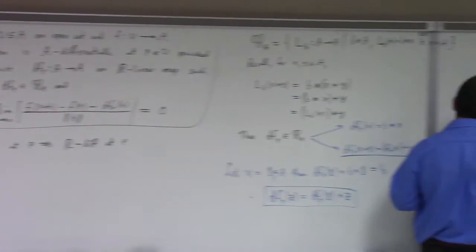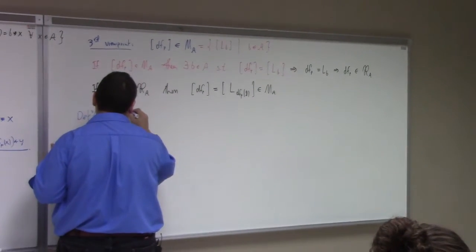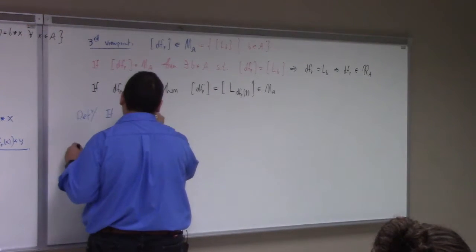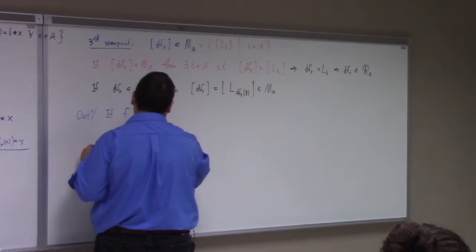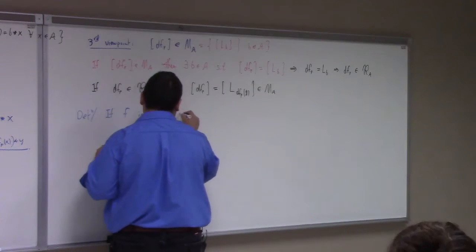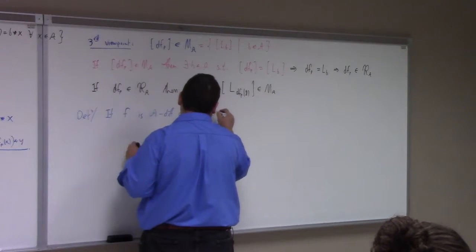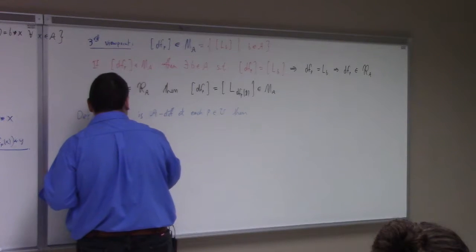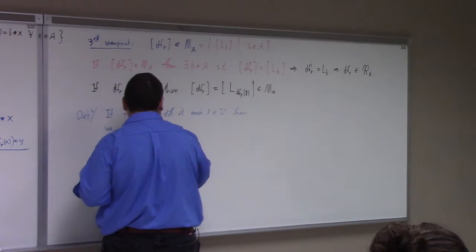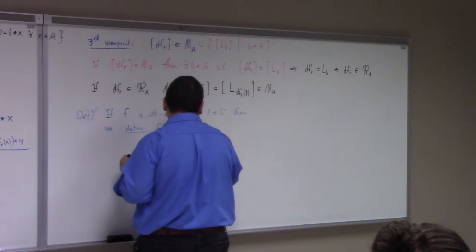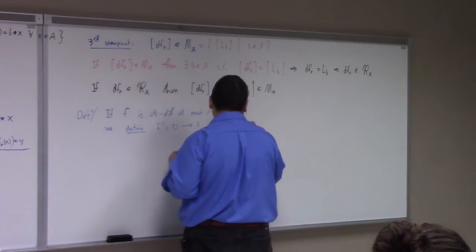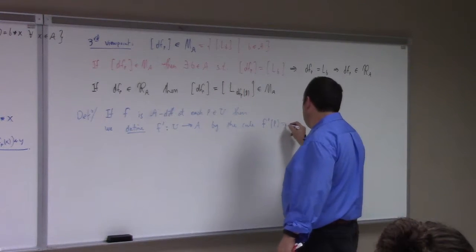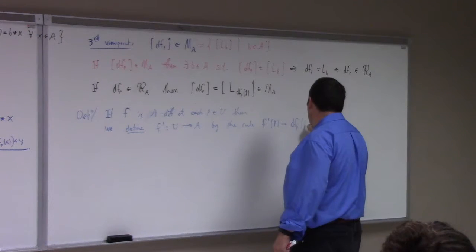Definition. Suppose that f is A-differentiable at each p in U, then we define f prime, which is going to be a mapping from U to A by the rule, and here it is, f prime of p is equal to df_p of 1.